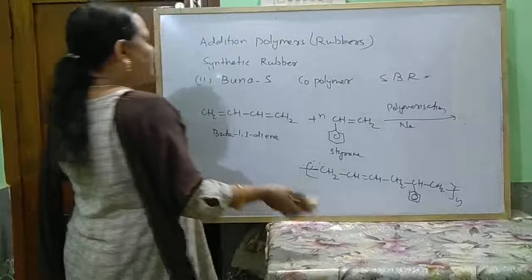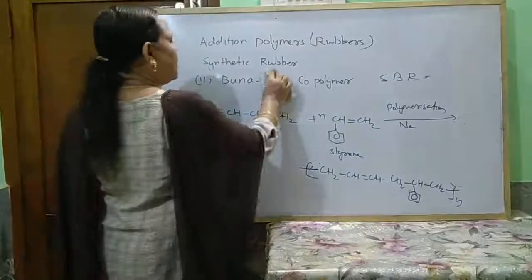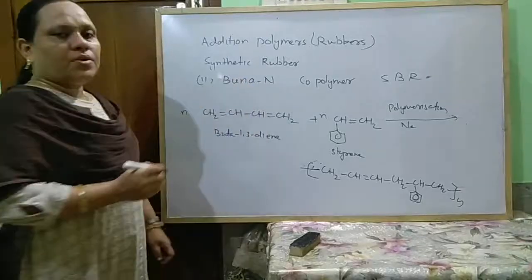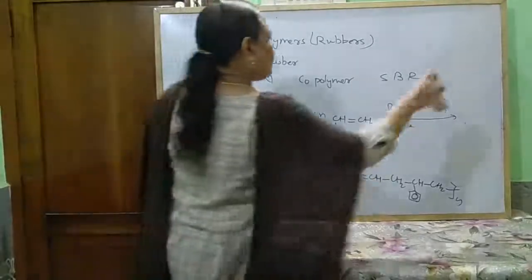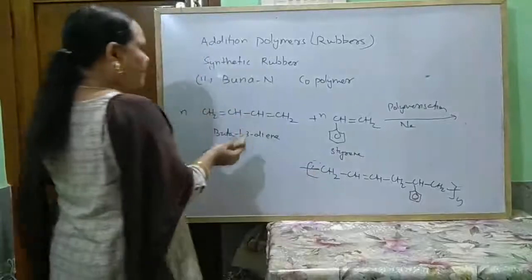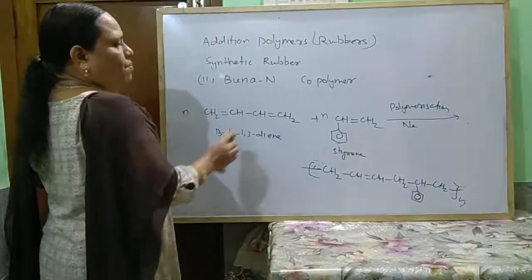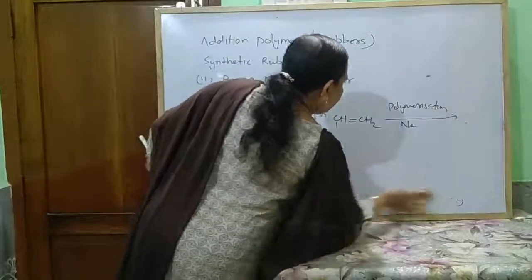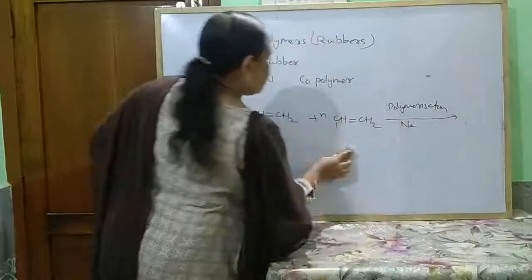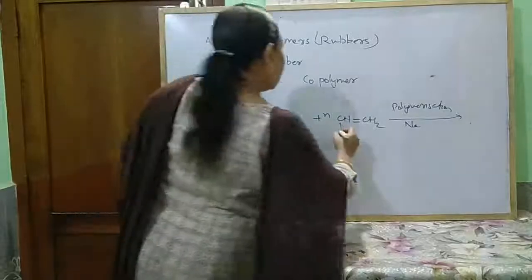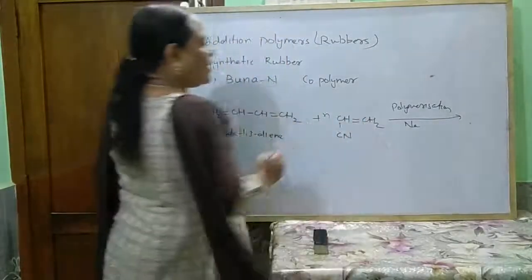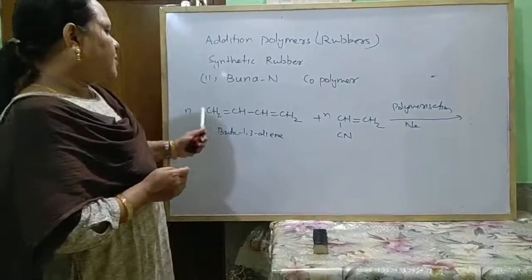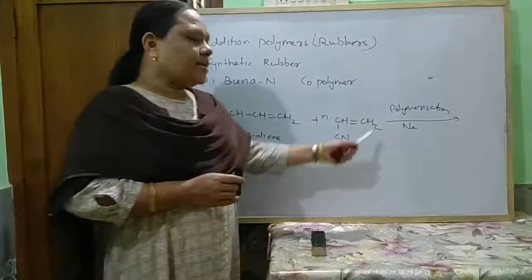Next we come to another, that is known as Buna N. This is also a copolymer, and here the monomers are butadiene and acrylonitrile. So this is your acrylonitrile.